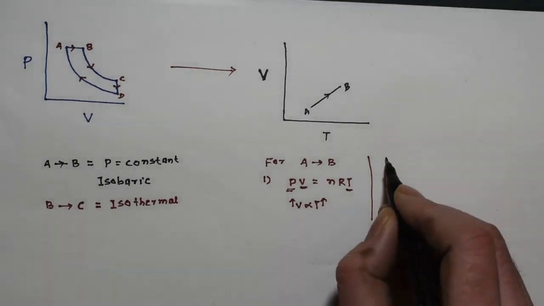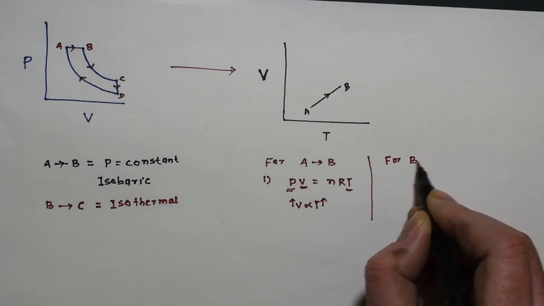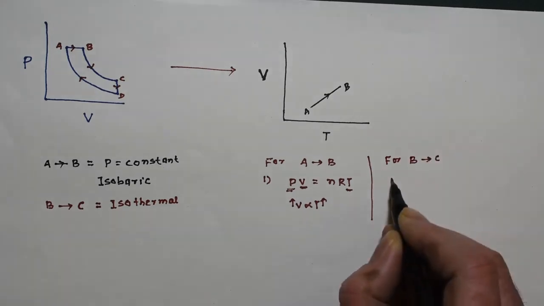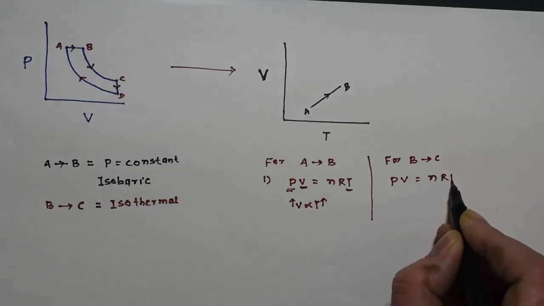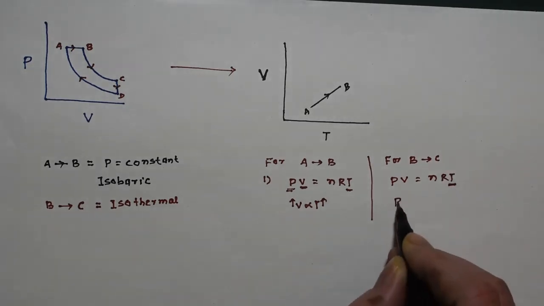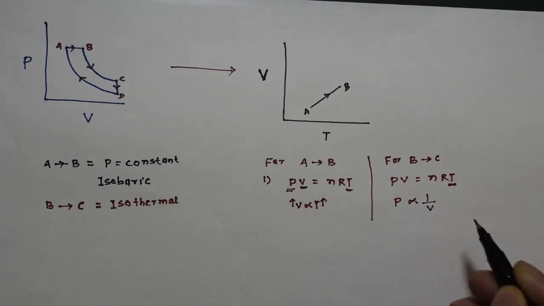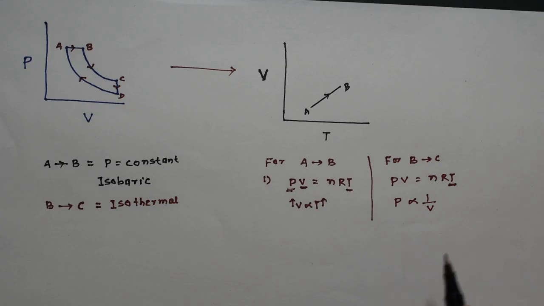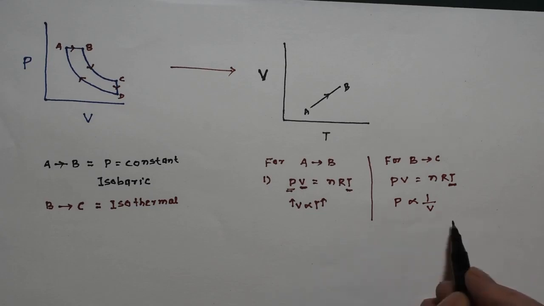Now for the process B to C, PV equals nRT. Here temperature is constant, then pressure and volume are inversely proportional. That means if pressure increases, volume decreases.